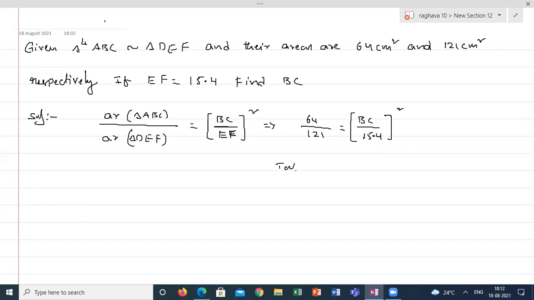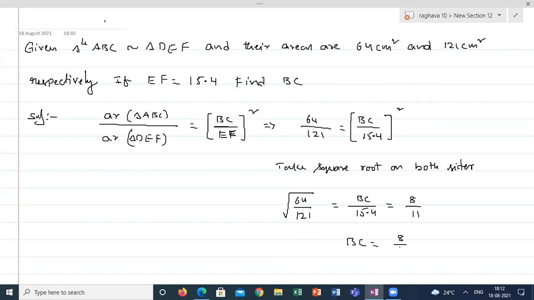Take square root on both sides. To simplify the thing, instead of squaring, I'm taking the square root. This is root of 64 by 121 equal to BC by 15.4, that will be equal to 8 by 11. So BC is equal to 8 by 11 into 15.4. This is 1.4 times 8.